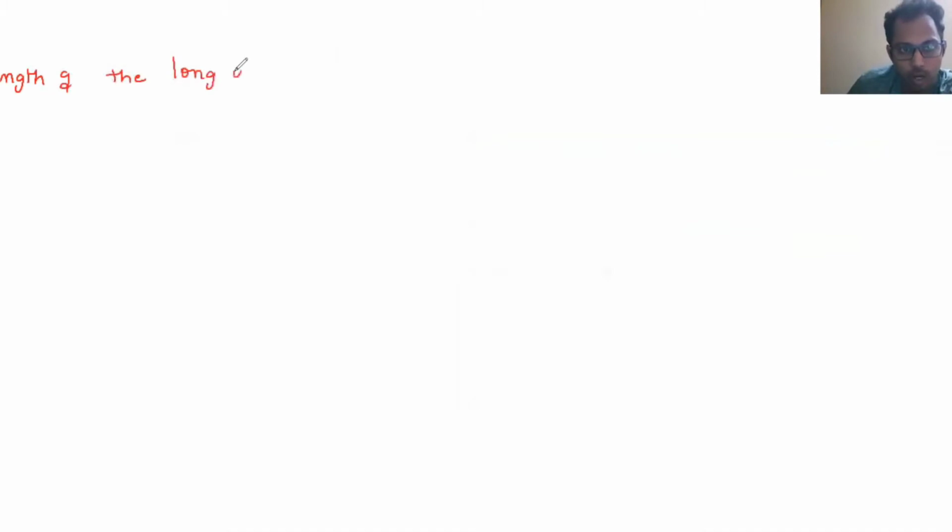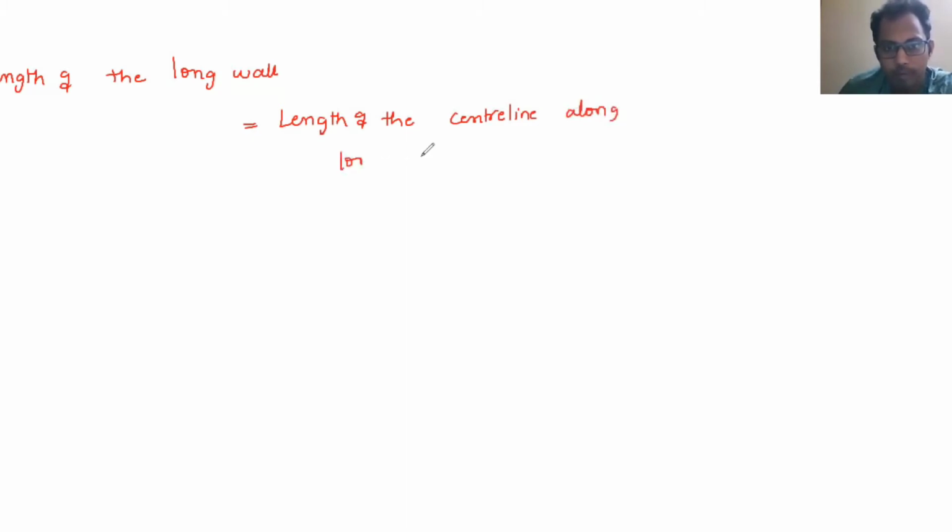Length of the long wall is equal to the length of the center line along the long wall plus t by 2, that means thickness of wall by 2, on either side.